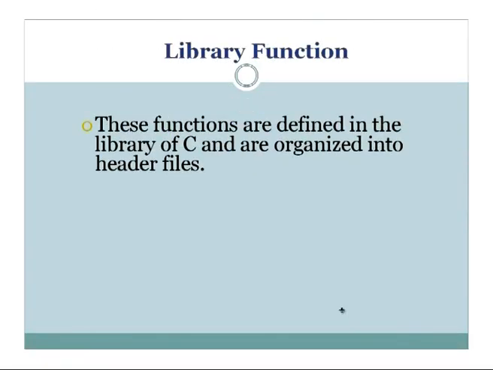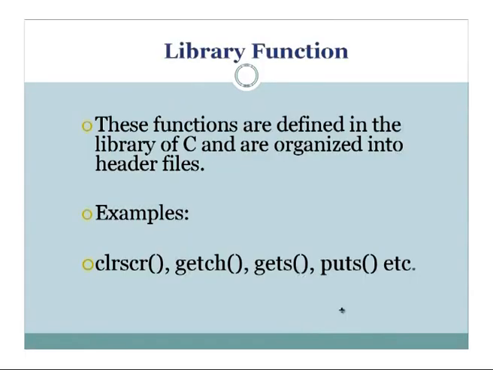These functions are defined in the library of C and are organized into header files. For example, we have been using different types of library functions in our programs earlier on. We used clrscr, a function which is used to clear the screen. This function is defined in the C library.